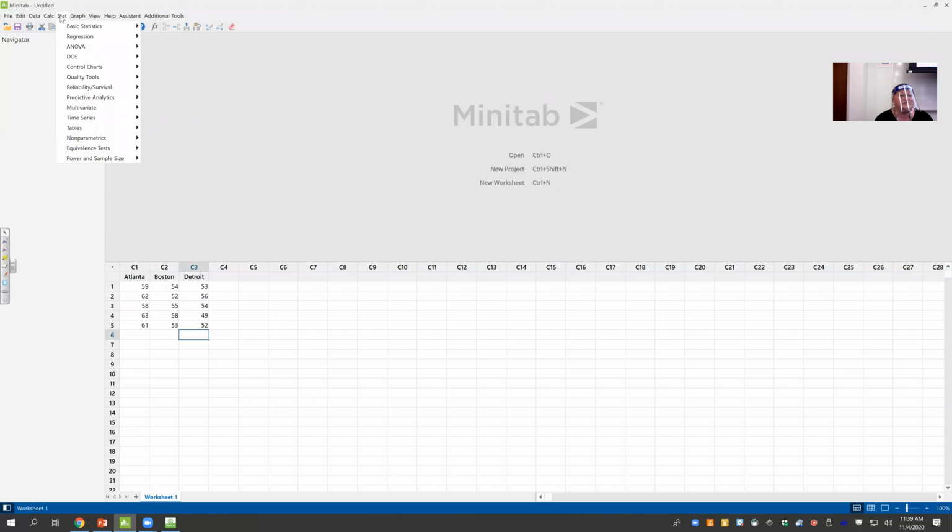Then we're going to go to Stat, and we choose ANOVA, specifically one way. So let me write this down on the paper and then you can copy it. You go to Stat, ANOVA, one way.